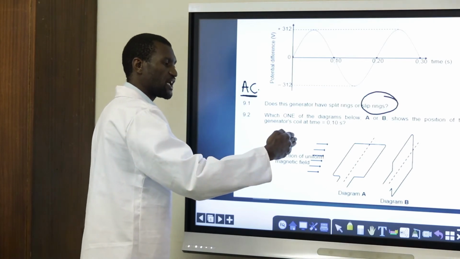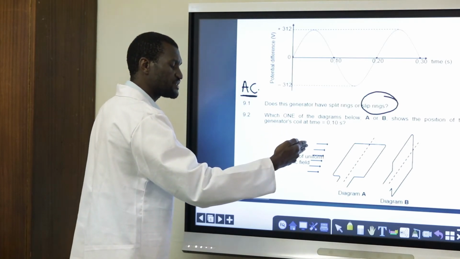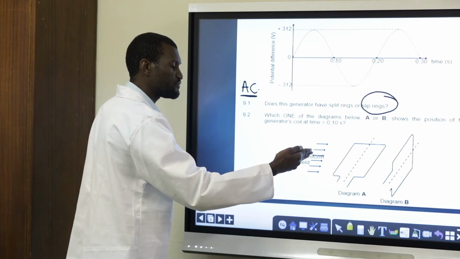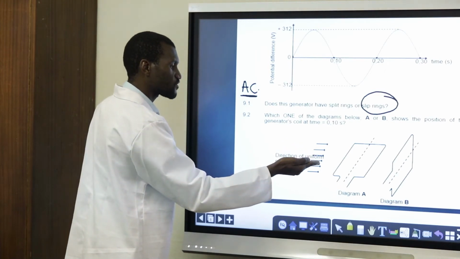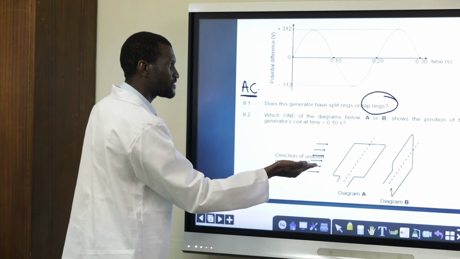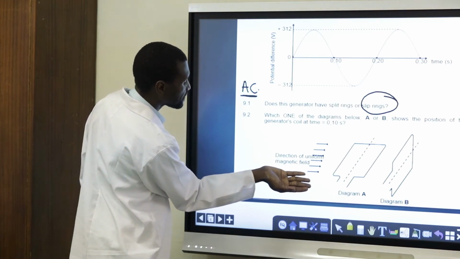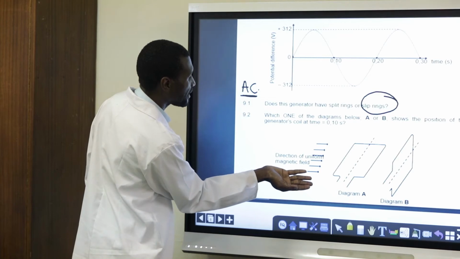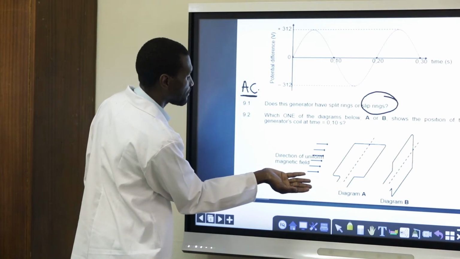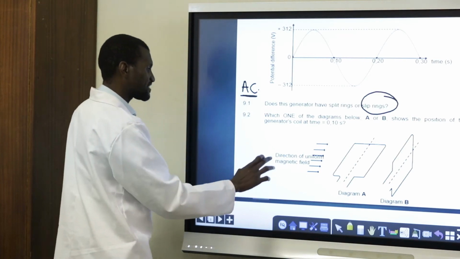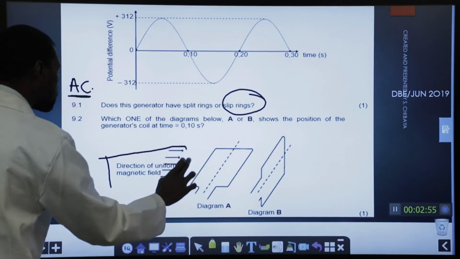So while it's turning from vertical, it is increasing in EMF production, and at its horizontal, it's got the highest production of EMF. All right? So when it turns back again to vertical, it then has an EMF of 0. So here is the direction of the magnetic field.